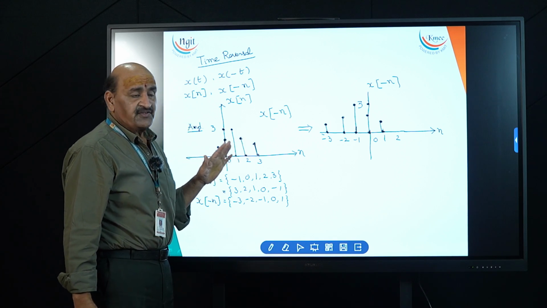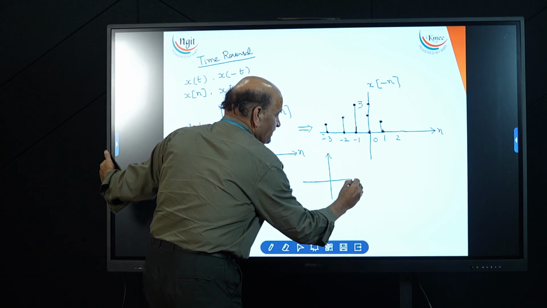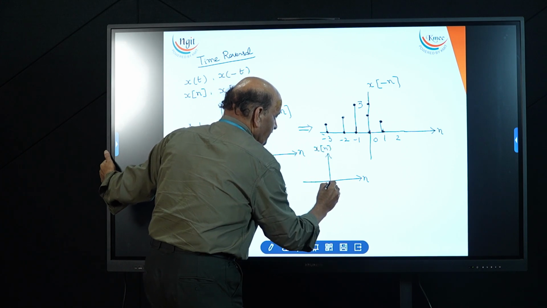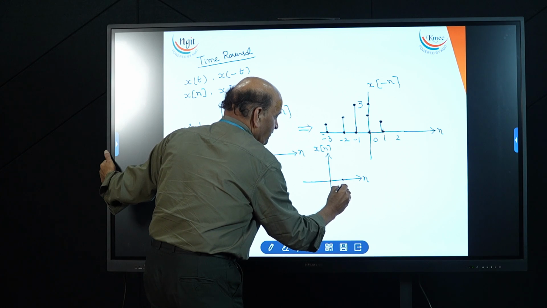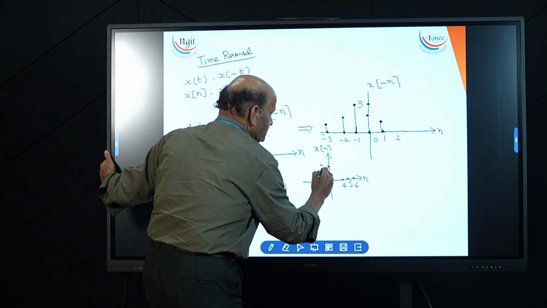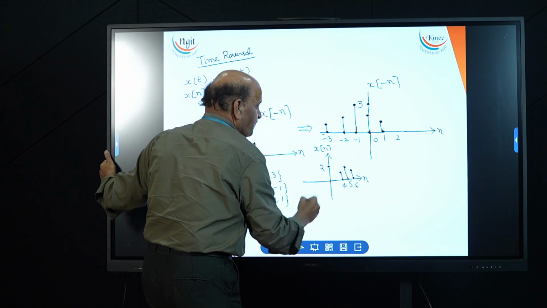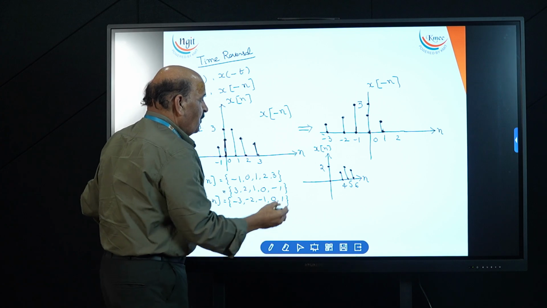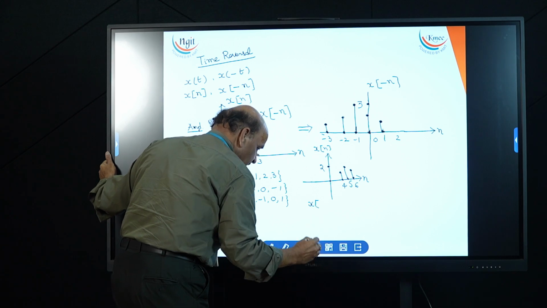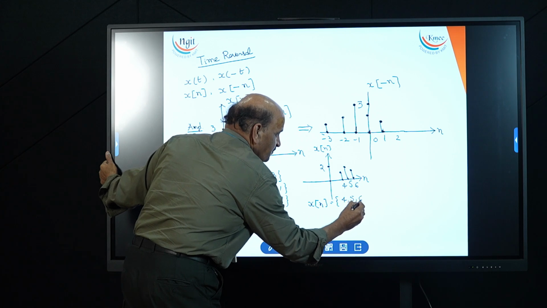You take any graph like this. One more small example. For example, this is n, this is x of n. The given signal is, for example, 4, 5, 6, with amplitude 2. That means the graph will be like this. Now, what is x of minus n? The given sequence x of n is 4, 5, 6.